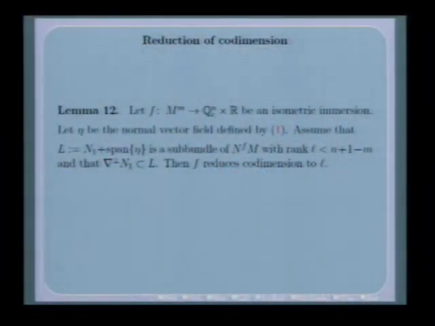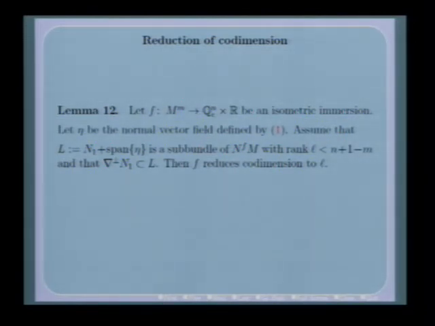So what we have done is just extended the usual criterion for reducing codimension of isometric immersions in space forms to the case of those products. And the result is very similar to the one you all know.